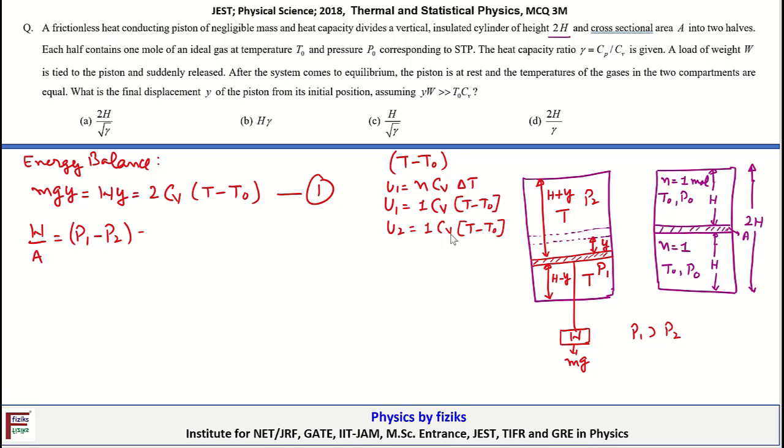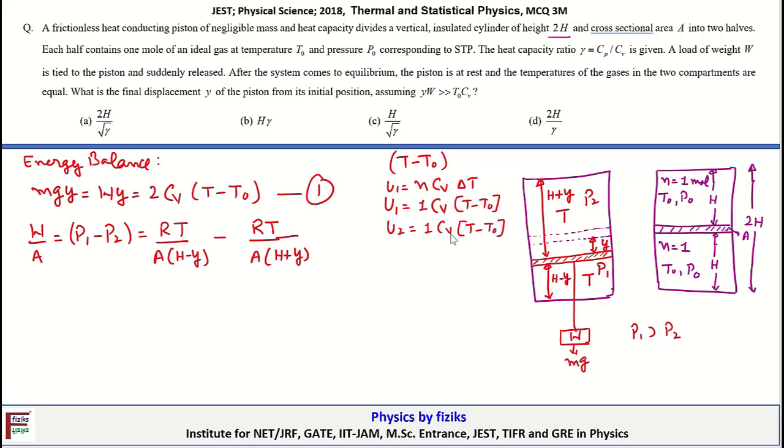Here we are going to apply the ideal gas equation, because P is equal to RT upon V. So P1 will be RT upon volume, which is A, the cross section area of the piston, multiplied by the height h minus y, and P2 is RT upon A into h plus y.